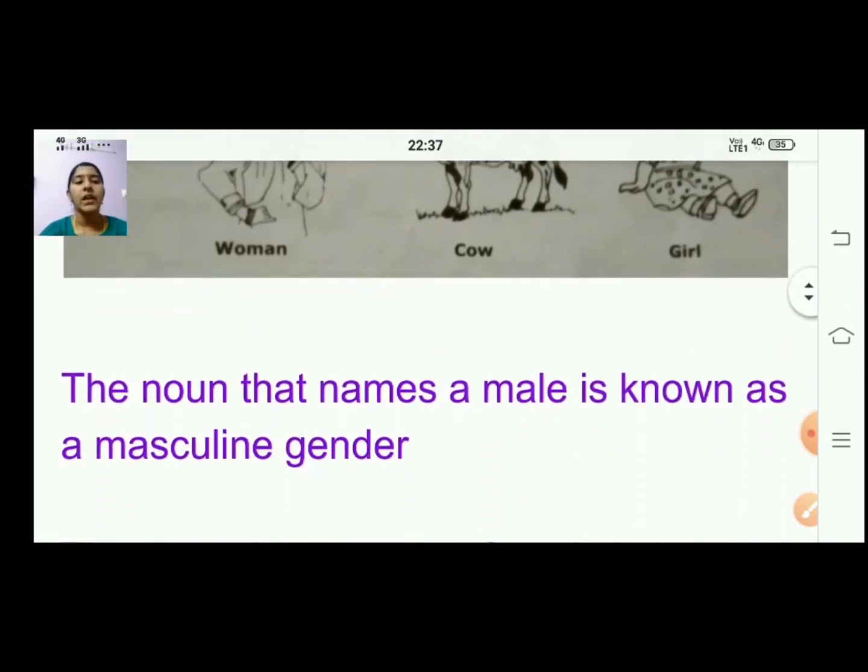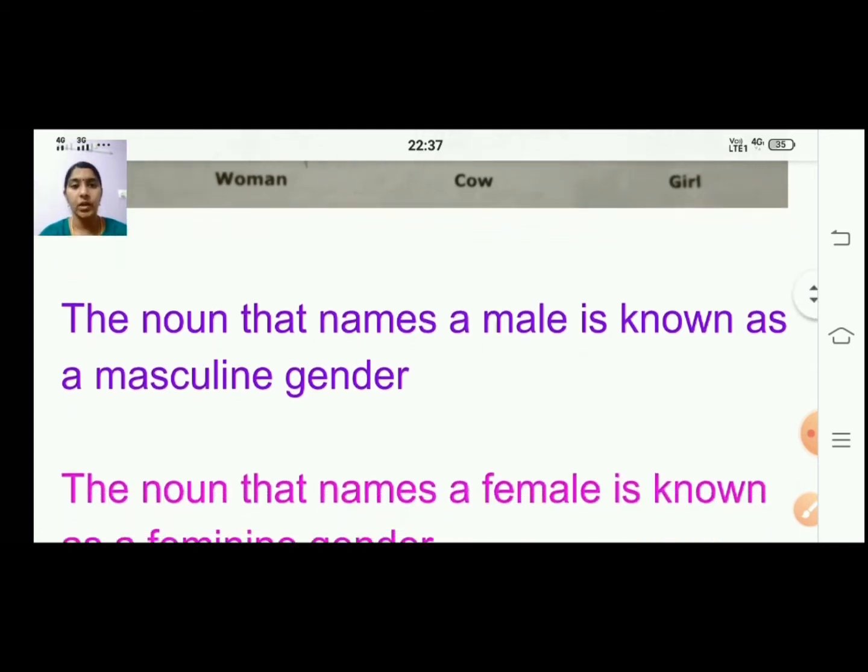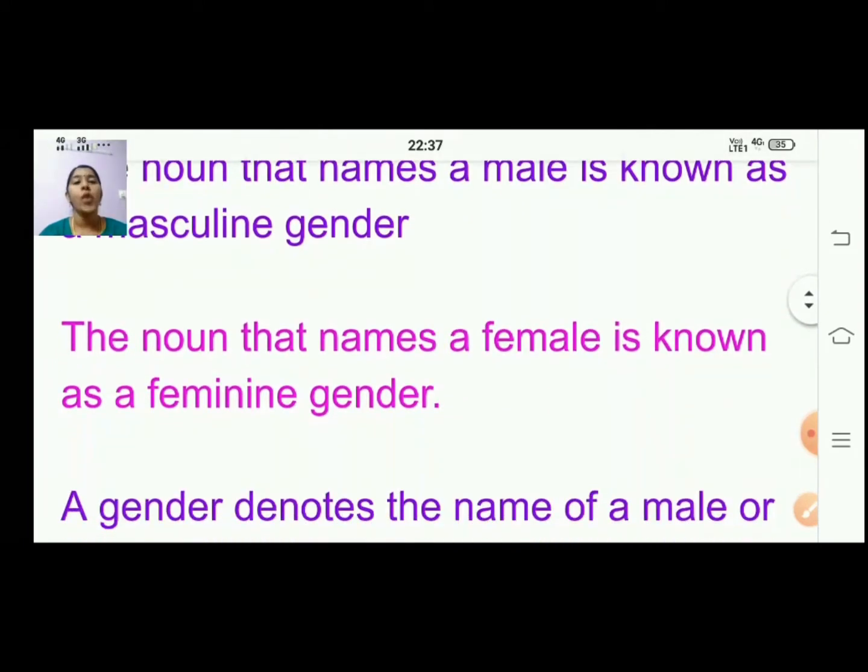The noun that names a male is known as a masculine gender, right? If you want to denote a male person, then we say masculine gender. If you want to denote a female person, we say feminine gender. The noun that names a female is known as feminine gender, right?